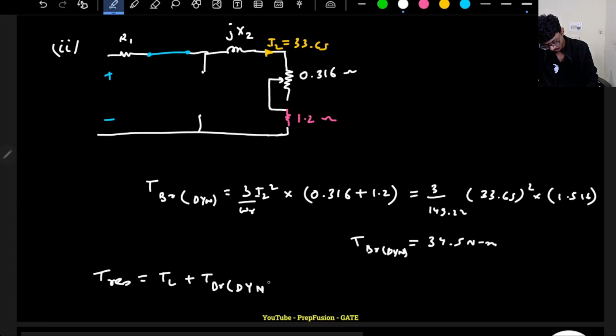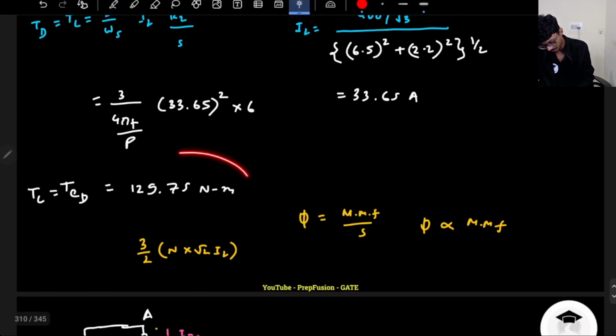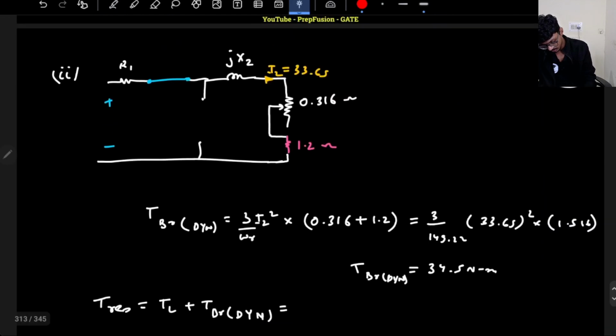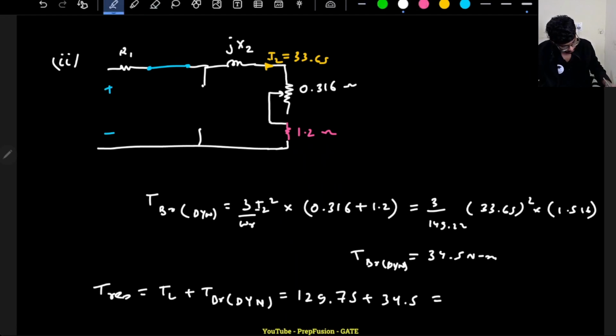The load torque we have already computed, that is 129.75, plus the braking torque 34.5, so this will be 164.25 Newton meter.